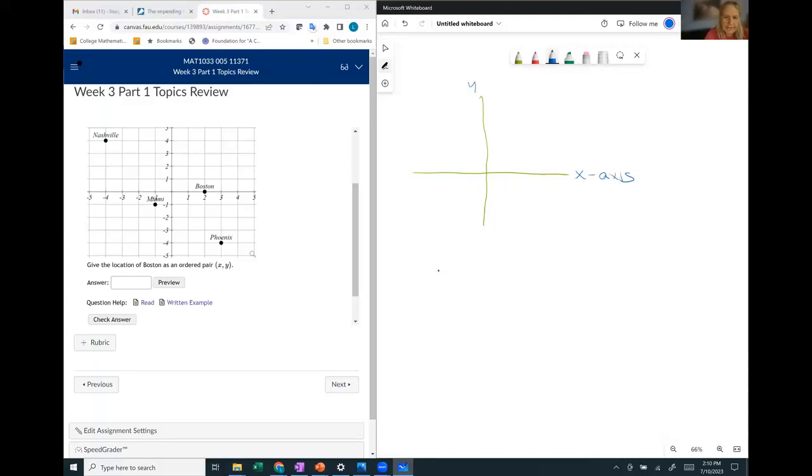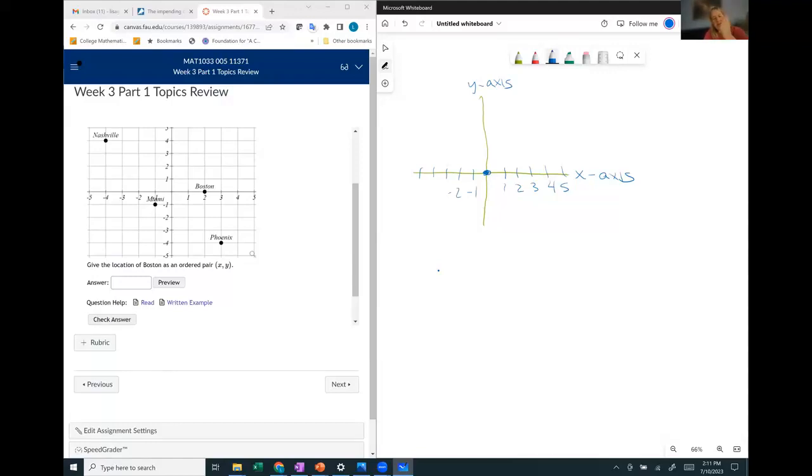This is the y-axis. Just like a number line, if this is 0, everything to the right is positive: 1, 2, 3, 4, 5, and so on. Everything to the left is negative: -1, -2, and so on. So that's basically just the number line.